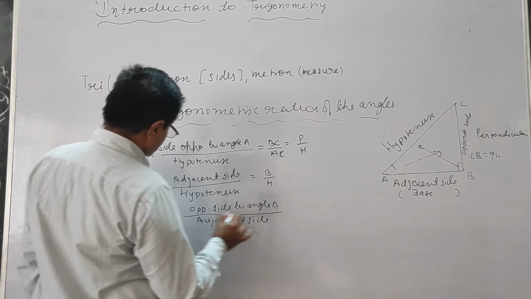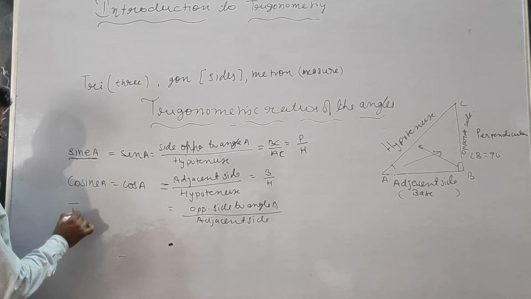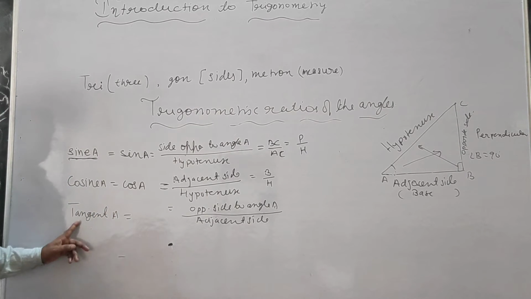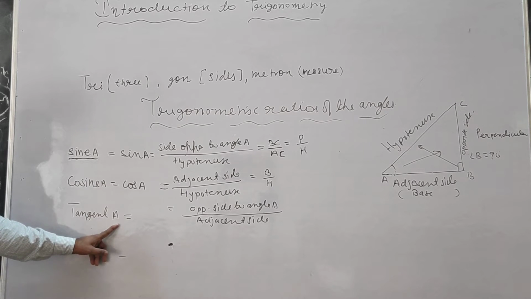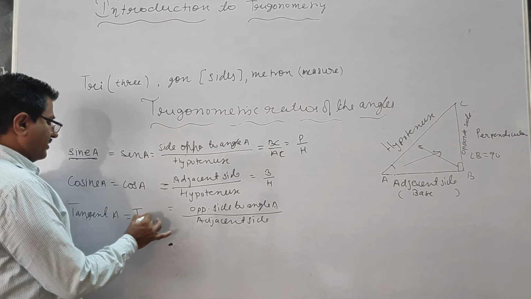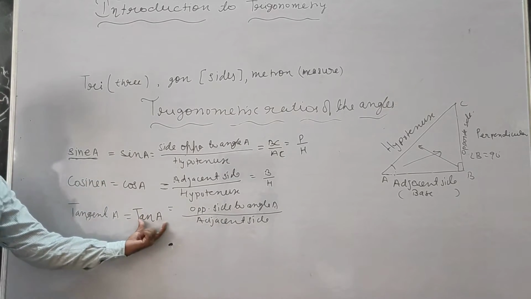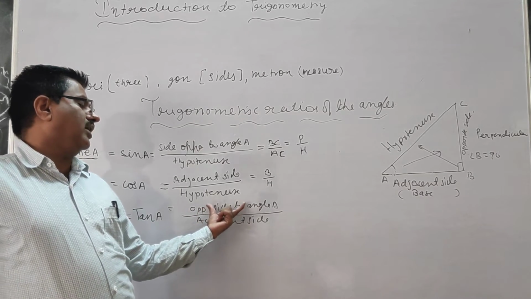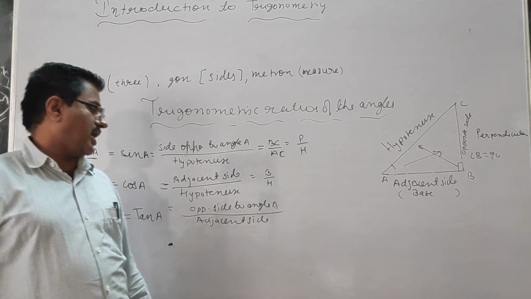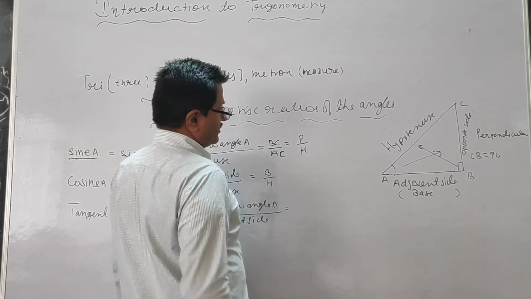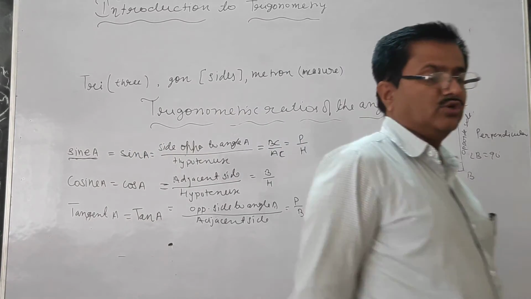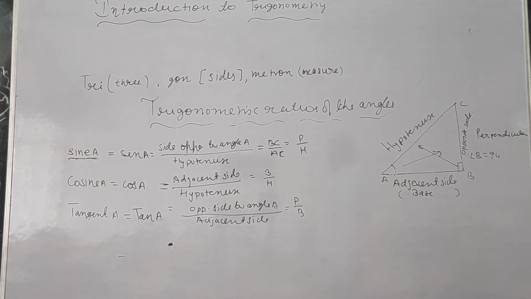This is known as the tangent of angle A, in short form tan A. So tan A is always the ratio of the side opposite to angle A by the adjacent side. In other form, this is perpendicular upon base. So there are three main ratios: sin A, cos A and tan A.